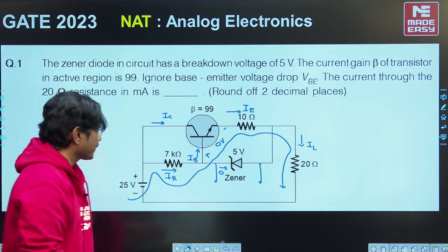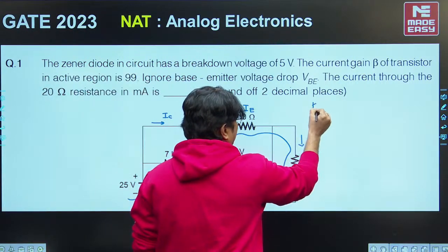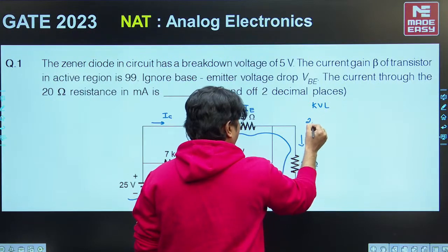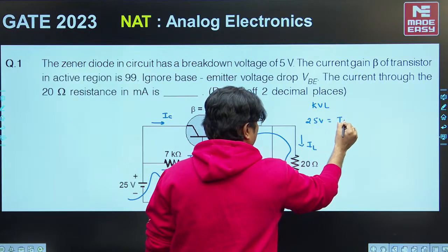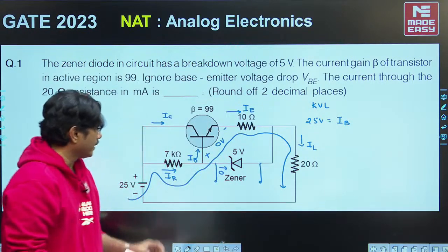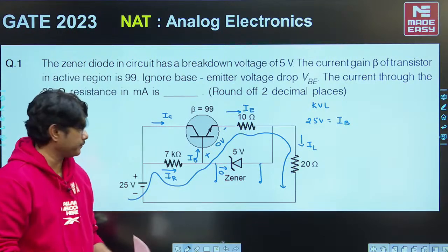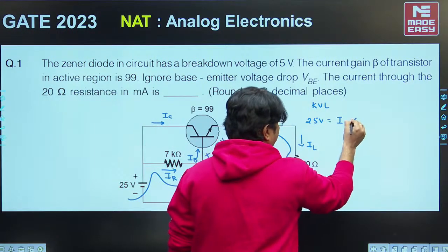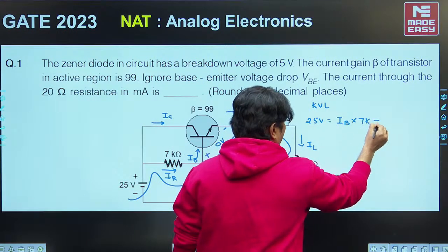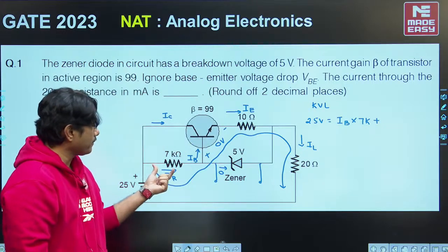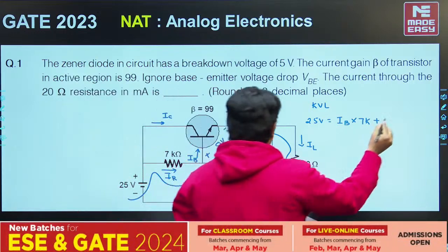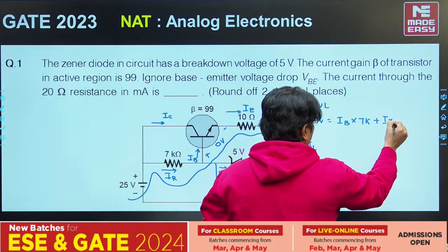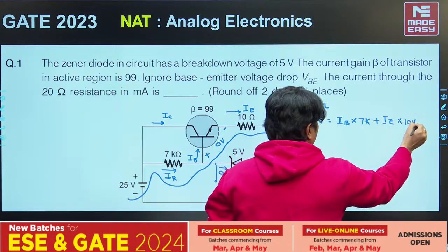Applying KVL, 25 volts is equal to IR, which is equal to IB only, so IB into 7K, plus the next drop, VB is 0 volts, plus IE into 10 ohms.